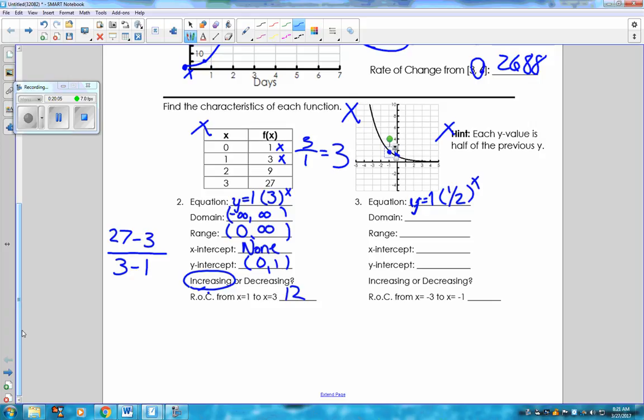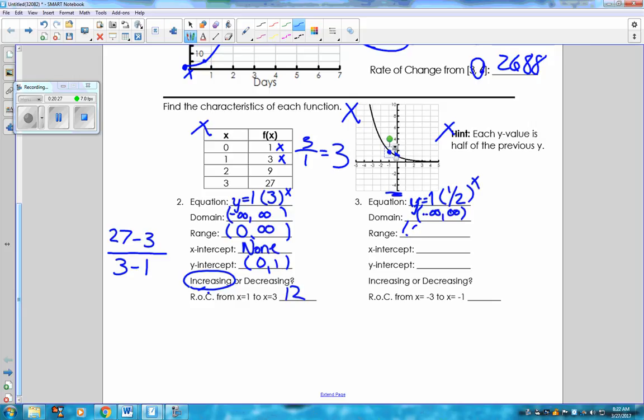So what's my domain? Negative infinity to positive infinity. What's my range? My range, negative infinity, is down here. It's 0 to infinity.